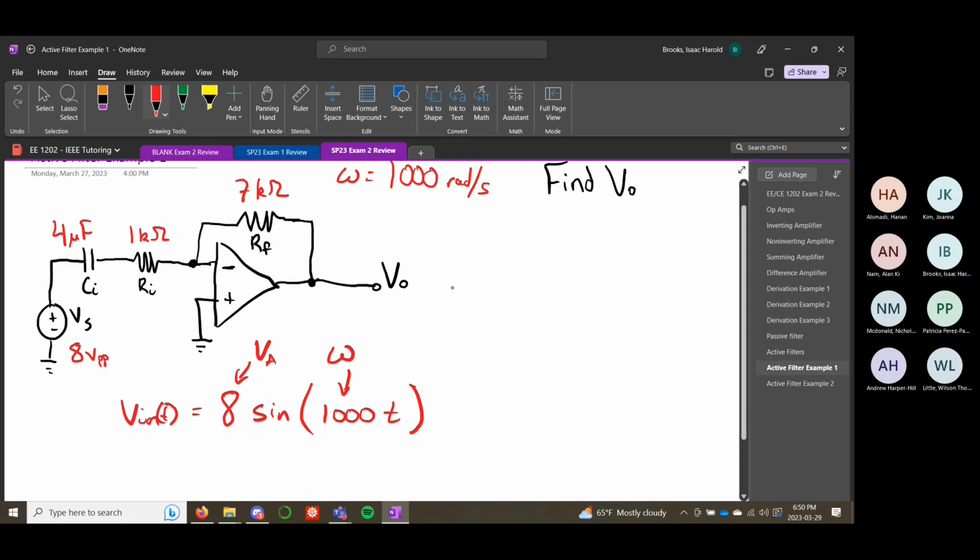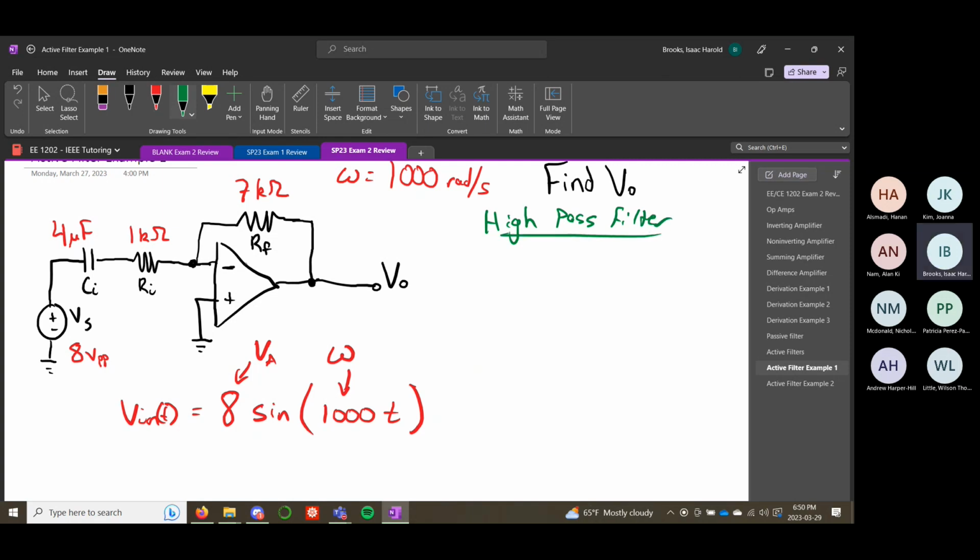But let's try and find our output signal as a response to this filter circuit. First of all, let's find the cutoff frequency. We identified that this is a high pass filter.